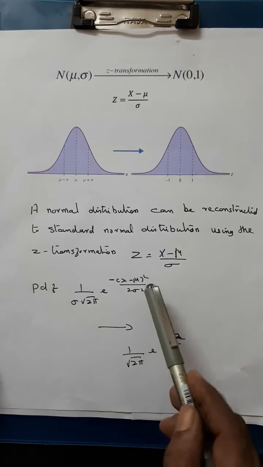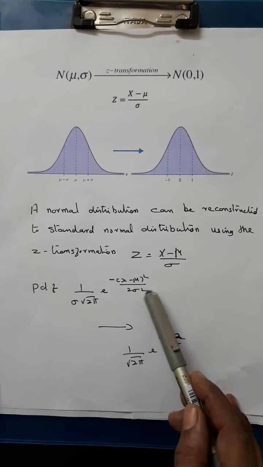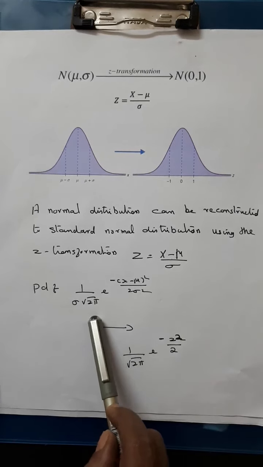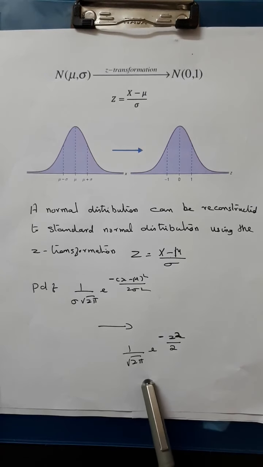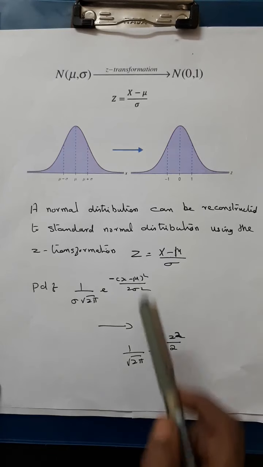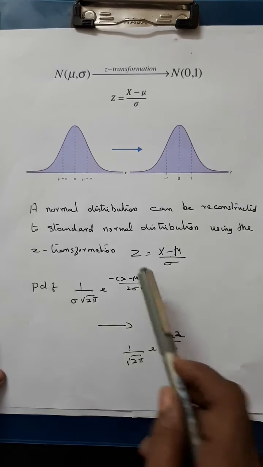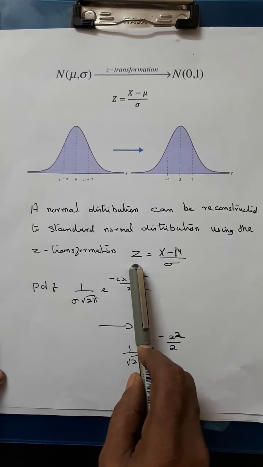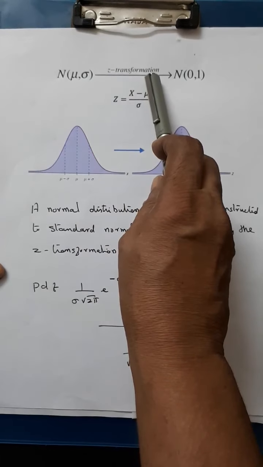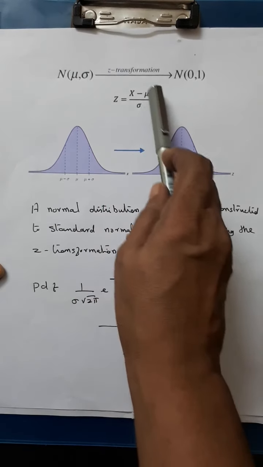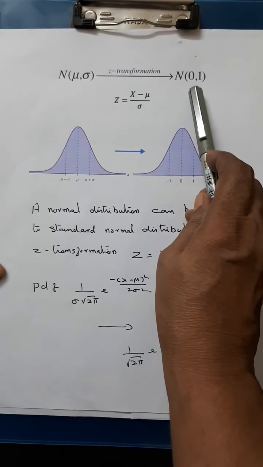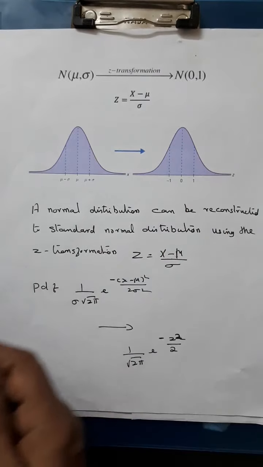By putting mu equal to 0 and sigma equal to 1 in the probability density function of a normal distribution, we get the probability density function of a standard normal distribution. This can be achieved by the transformation z equal to x minus mu by sigma, called the z transformation. So using the z transformation, we can change a normal distribution into a standard normal distribution.